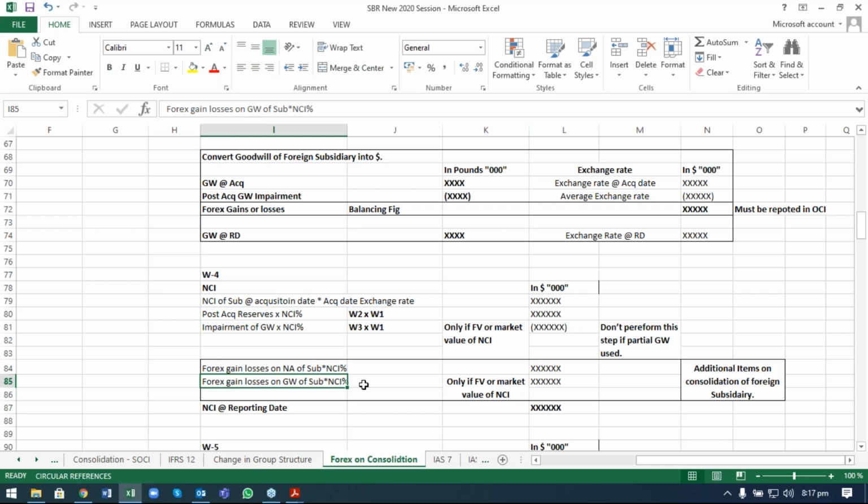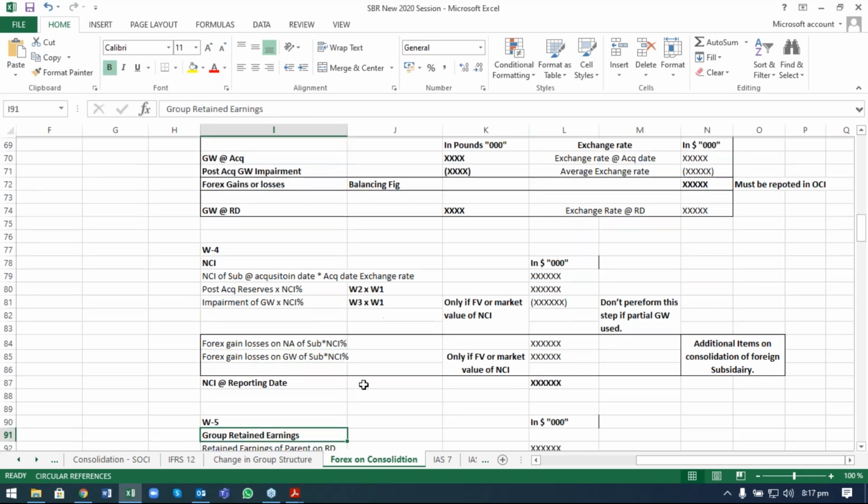But if the partial goodwill method is used, then as goodwill is not associated with NCI, you cannot assign any gains or losses on the retranslation of goodwill to NCI, because it doesn't belong to NCI. I hope it's pretty clear to everyone.